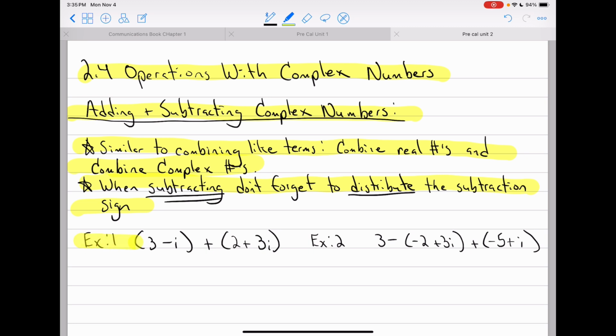So let's take some time to actually do this. Go ahead and write down example 1. We have (3 - i) + (2 + 3i). It says combine like terms. So I can get rid of my parentheses. I have 3, minus, and if I think of that as 1i, plus 2, plus 3i.